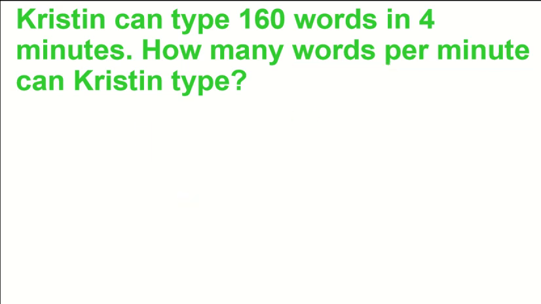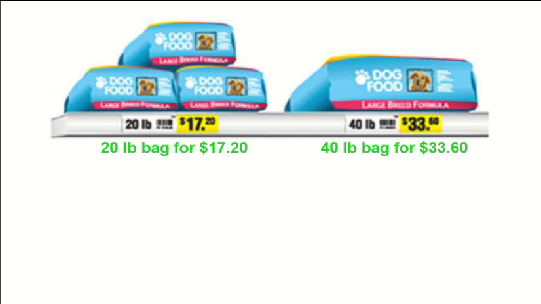All right, we can make it a little tougher. We're going to compare two things. They'll sometimes ask which one is the better deal. So we got a 20-pound bag of dog food for $17.20, a 40-pound bag for $33.60. See if you can figure out which one is the better deal.